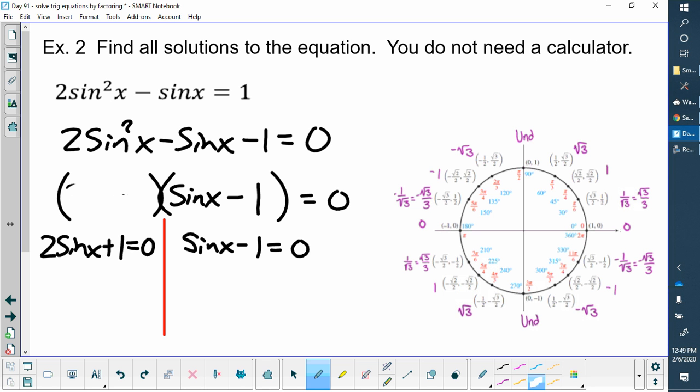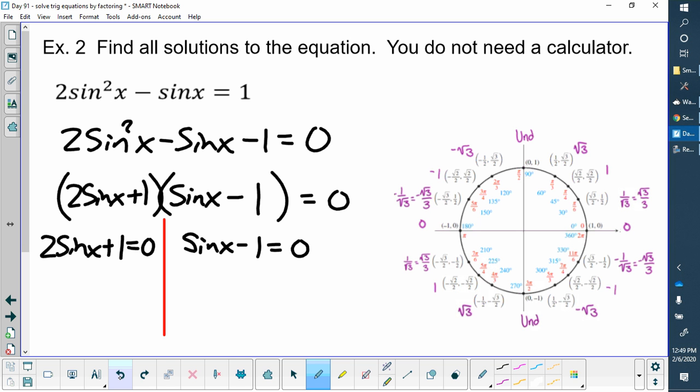For example, if I put a 0 in this set of parentheses, it'd be 0 times, well, I don't really even care what's over here, because 0 times whatever's in the other set of parentheses equals 0. Likewise, if I had an x value that would turn everything on the right to 0, and I had a 0 here, it'd be 0 times whatever this is, but who cares, because 0 times whatever is going to be 0. So basically, I want to know what's going to turn everything on the left to 0 and what's going to turn everything on the right to 0.